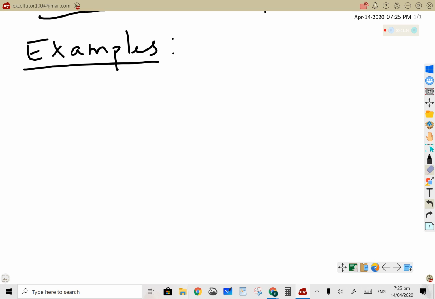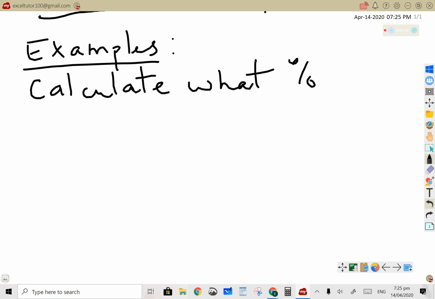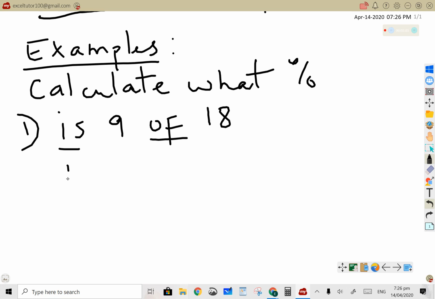Let me just erase this and write down the actual question as it appears. Calculate what percent. And number 1 would be, is 9 of 18.